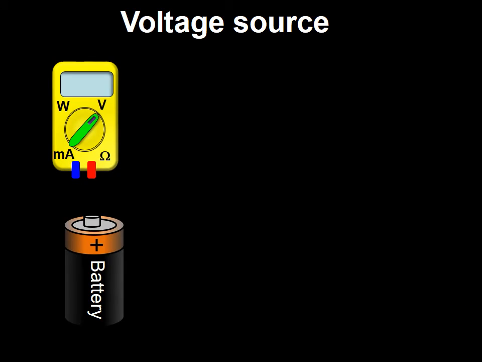The electromotive force of a battery can be measured by a voltmeter. A voltmeter can be connected to the battery any way we want. For our understanding of electricity, it's best to connect the blue probe to the negative pole, the anode, and the red probe to the positive pole, the cathode.